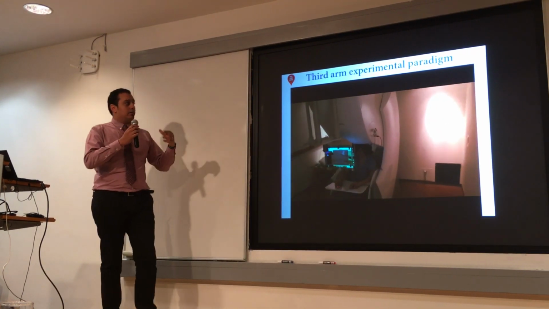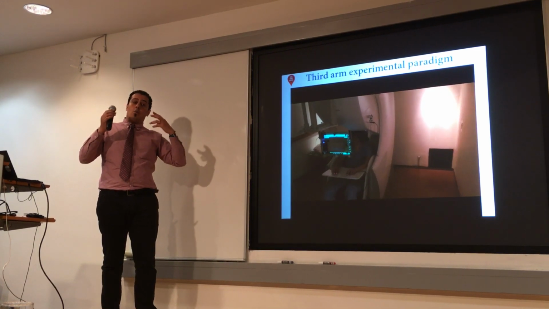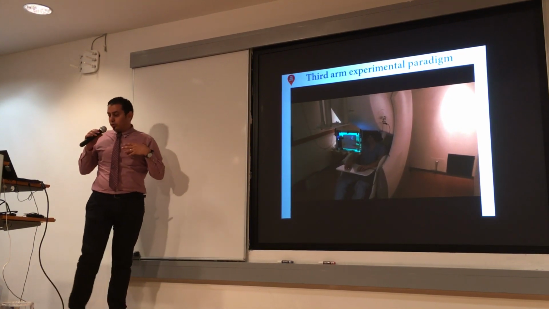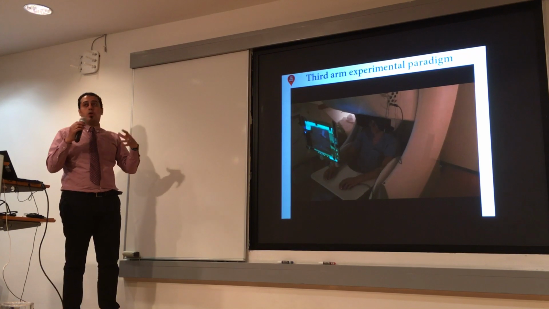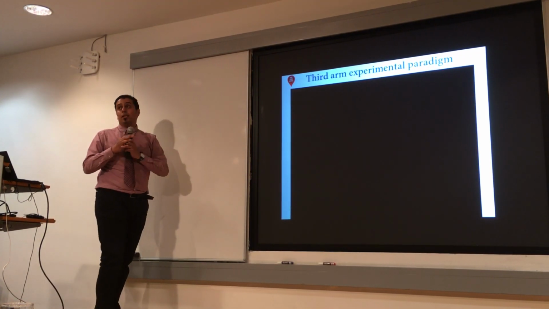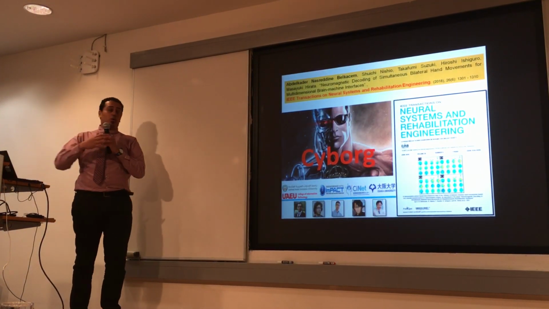To be honest, we are still analyzing this data to see which area inside the brain is responsible for controlling the third arm. We know which area is responsible for bilateral hand movement, around the sensory motor area, but we don't really know what is going on when someone imagines that this is his hand and he wants to control it.